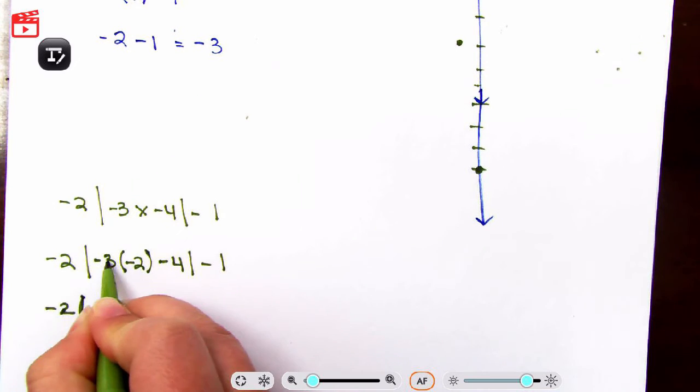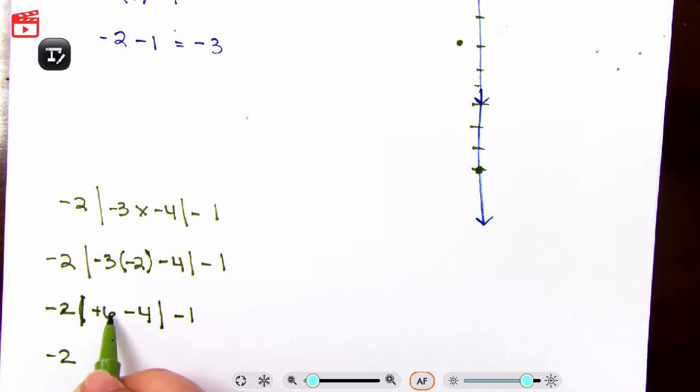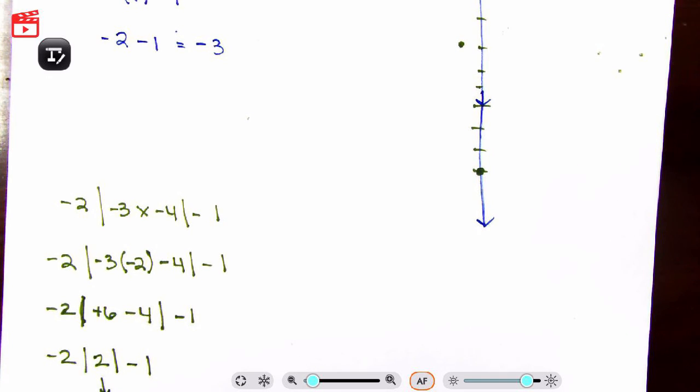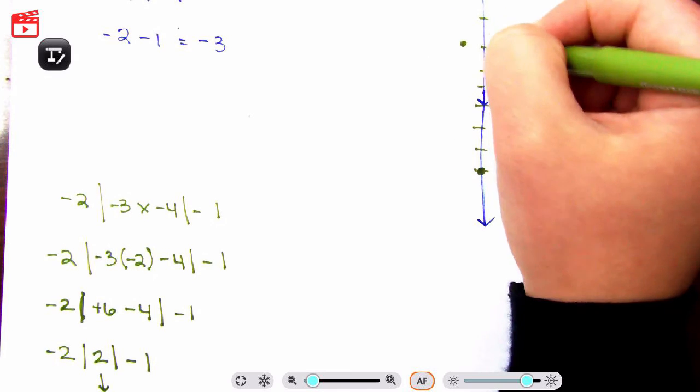This should be a positive. Negative times a negative is a positive. So I have negative 2 times 6 minus 4, that is 2. Positive 2 minus 4. This is still positive. So I have negative 4 minus 1, and that's going to be a negative 5. So I have 2, negative 5, 1, 2, 3, 4, 5.